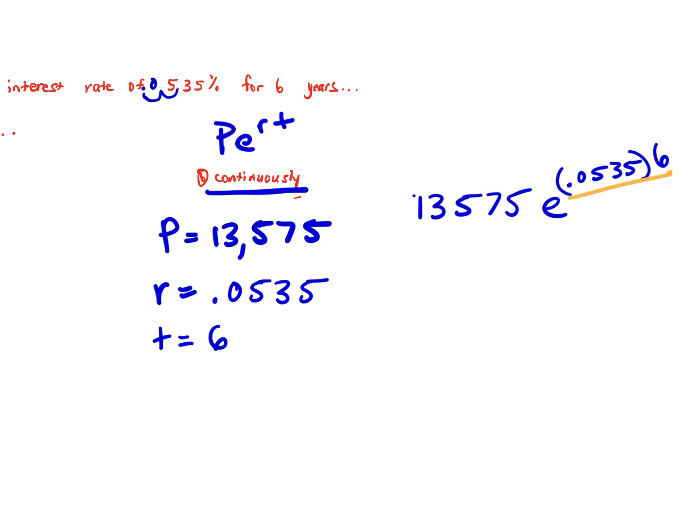exponent first. Now you could put it all into the calculator at once, but just be careful if you do that. Make sure you know how to use your calculator. So when we do the exponent, it'd be 0.0535 times 6. You should get 0.321.